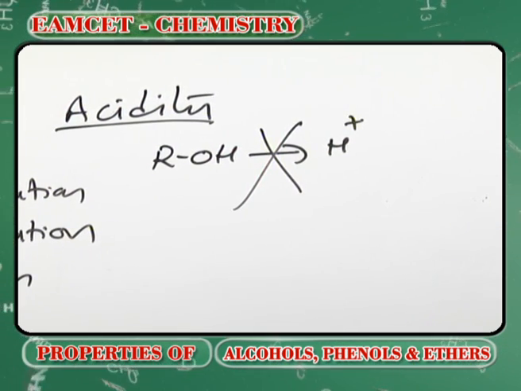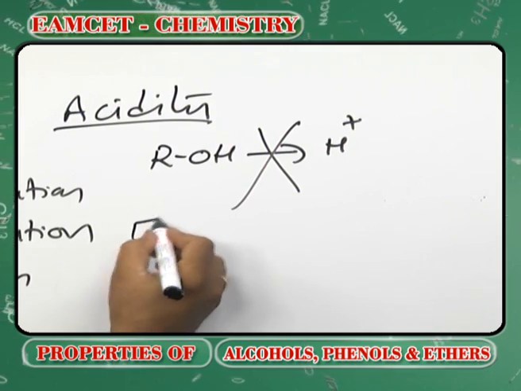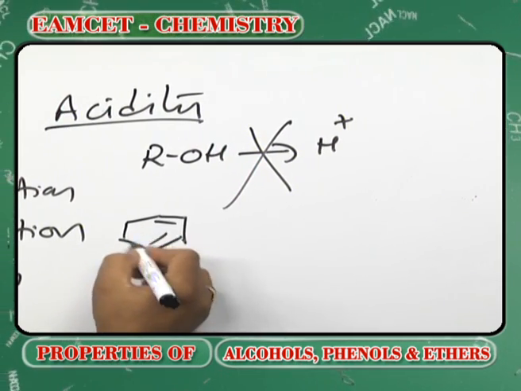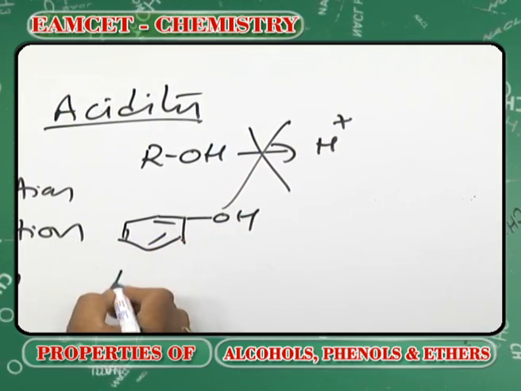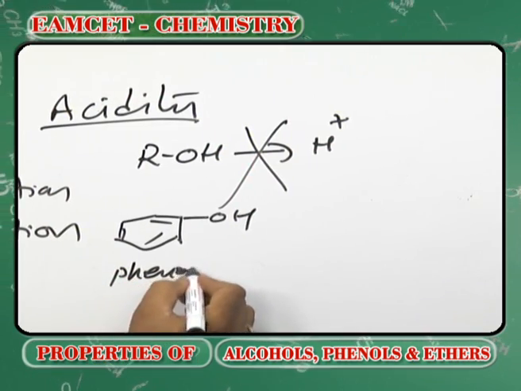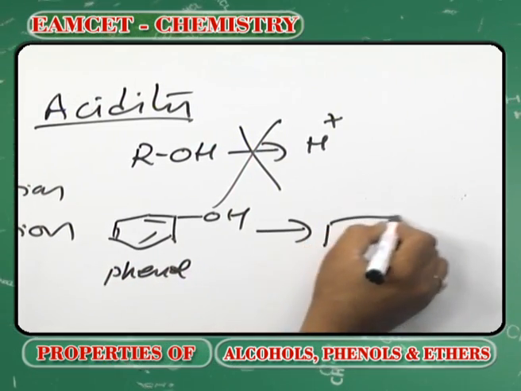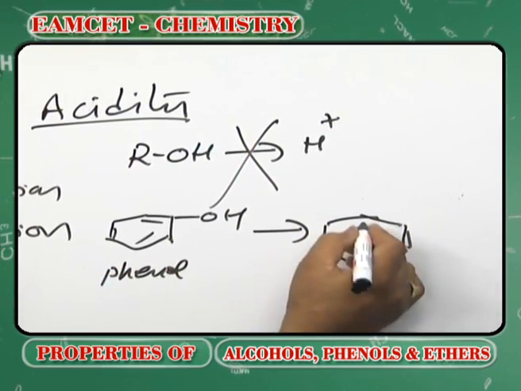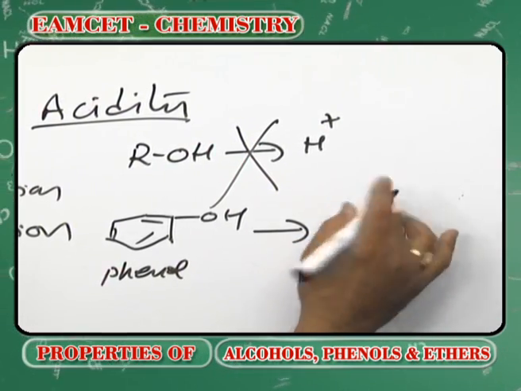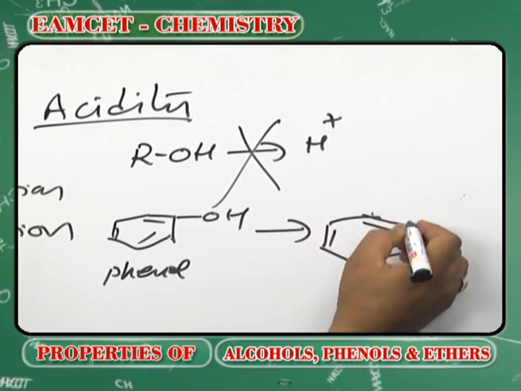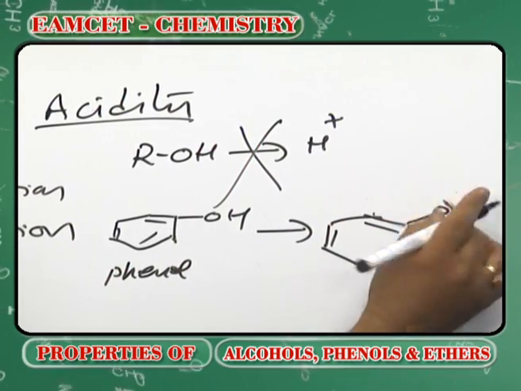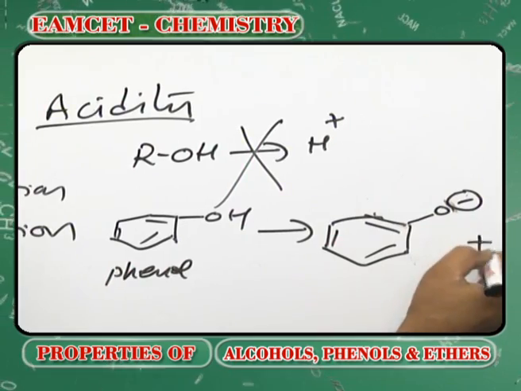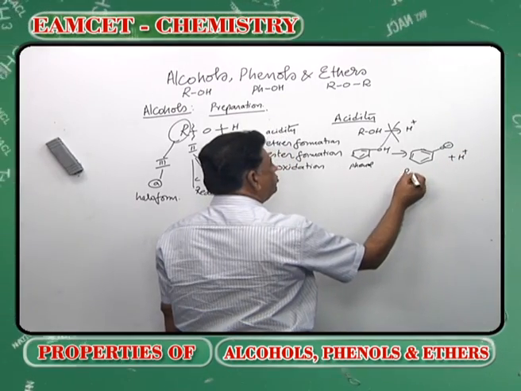This type of reaction is possible when the OH is attached to benzene, for example, which is known as phenol. Phenols like to donate the proton because the anion formed, the phenoxide, right? You can write OH here or there. The phenoxide formed after donation of the proton has a resonance stability.